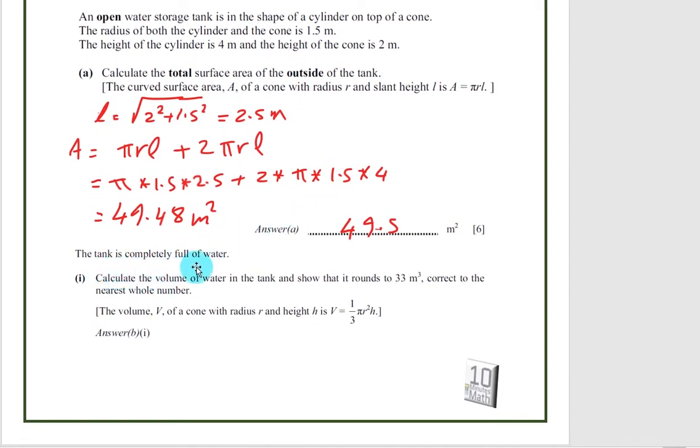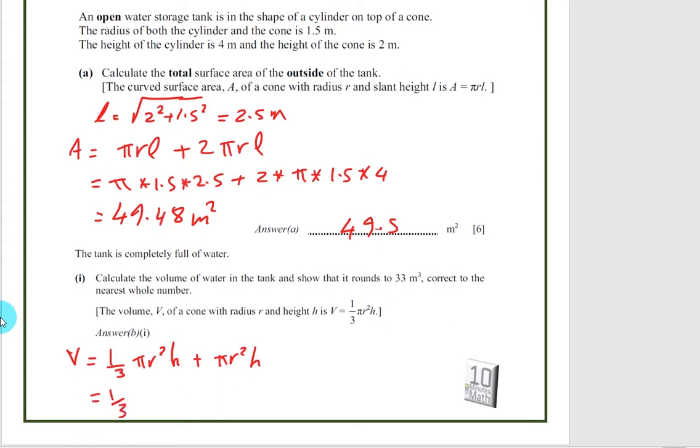The tank is completely full of water. Calculate the volume of water in the tank and show that it's around 33 meter cube, correct to the nearest whole number. So volume will be the volume of the cone, 1/3 pi r squared h, plus the volume of the cylinder, which is pi r squared h.